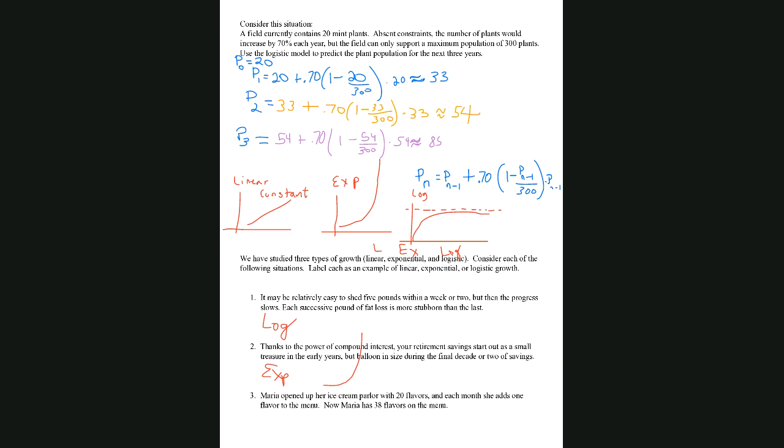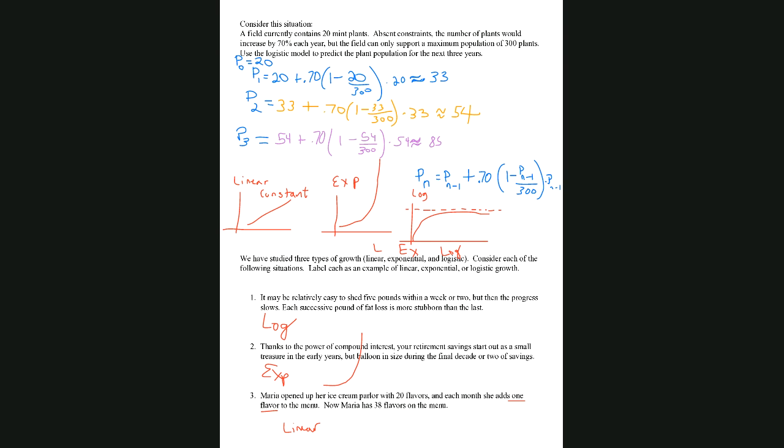And then Maria opened up her ice cream parlor with 20 flavors, and each month she adds one flavor to the menu. Now Maria has 38 flavors on the menu. This is an example of linear growth, because we are constantly adding one flavor each month, right?